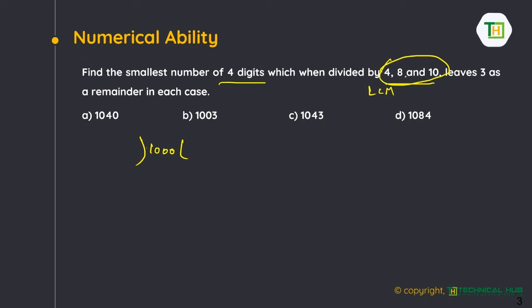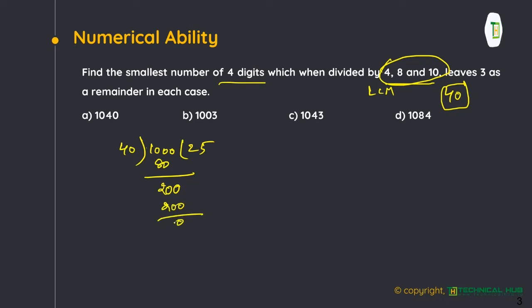4 and 8 give 8, and 8 and 10 give 40. The LCM of all these three numbers is 40. Now you can divide by 40. Here it is 2 times 80, and next 20, and next you drop down a 0. Now here it is 5 times 200, remainder 0, right?